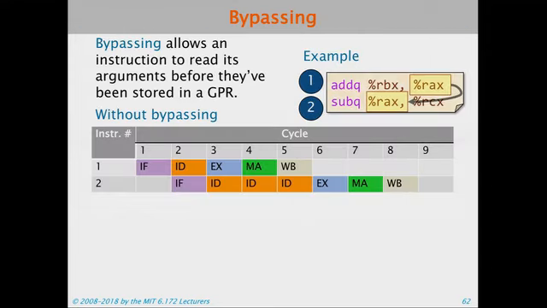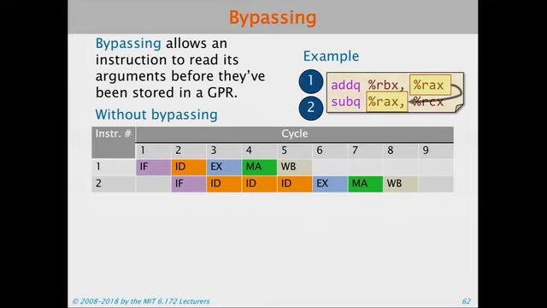The first thing is there's a strategy called bypassing. Suppose that you have an instruction that's writing into RAX, and then you're going to use that to read. Well, why bother waiting for it to be stored into the register file and then pulled back out for the second instruction? Instead, let's have a bypass, a special circuit that identifies that kind of situation and feeds it directly to the next instruction without requiring that it go into the register file and back out.